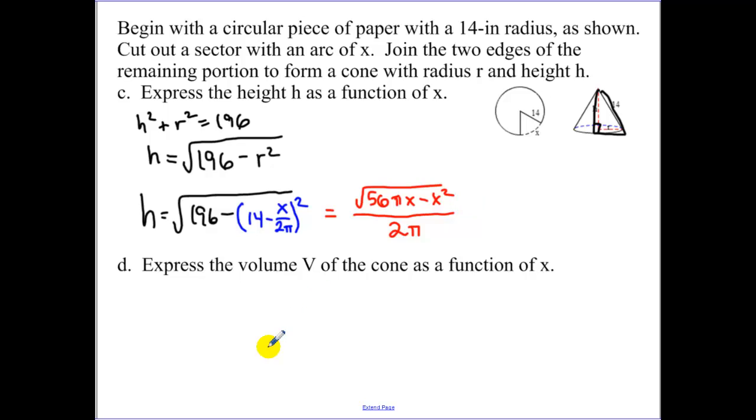So now we need to express the volume as a function of x. Volume is 1/3 pi r squared h. So now simplifying that, we need to get rid of the r and the h. Well, we have expressions for those.